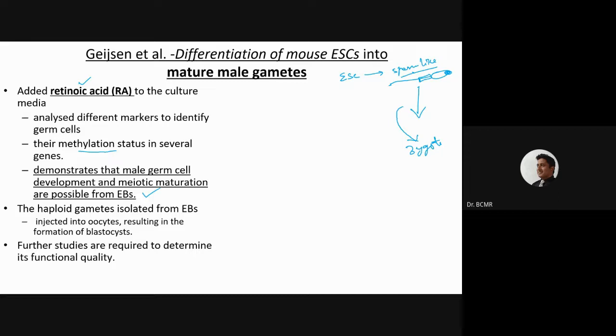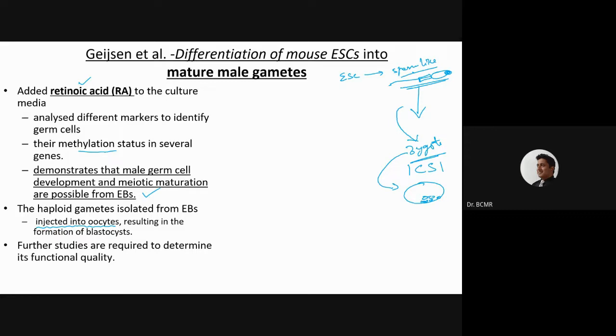For this, they have done something similar to ICSI, intracytoplasmic sperm injection, and they have shown that the sperm that is produced, mature sperm-like, can form a zygote and can go to blastocyst as well.